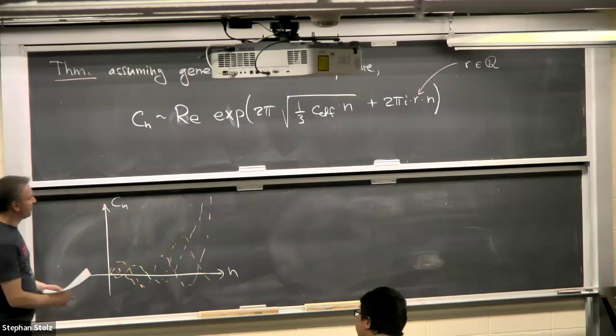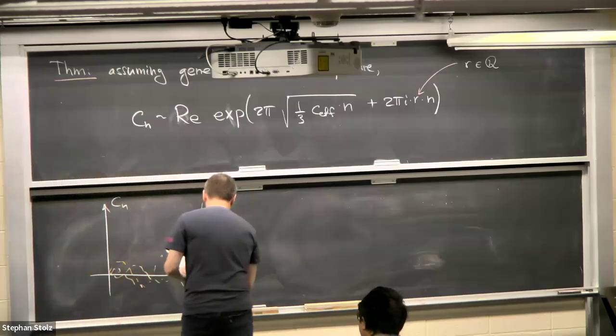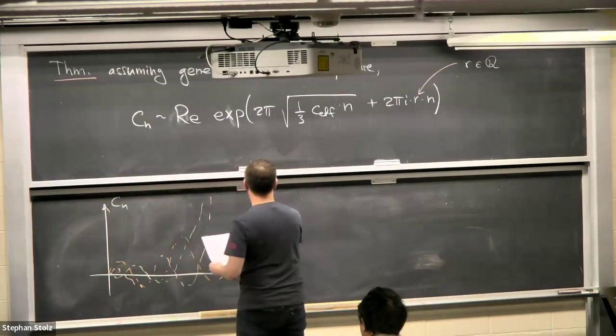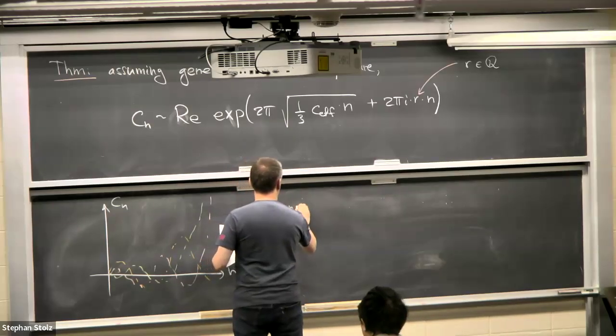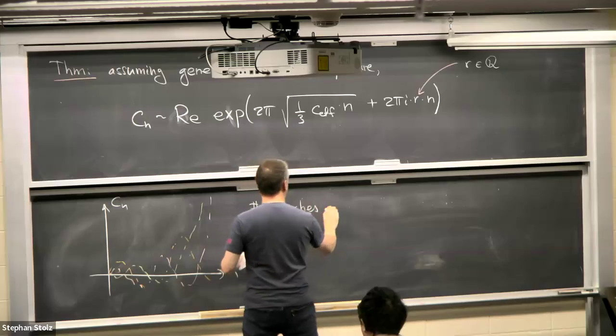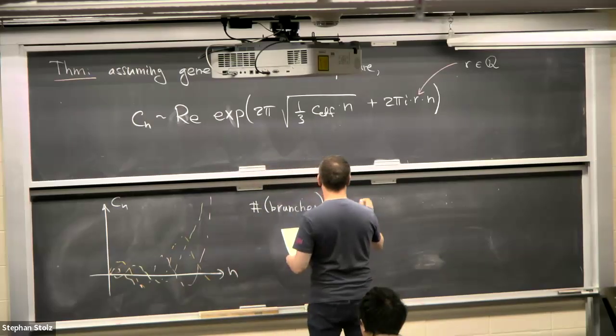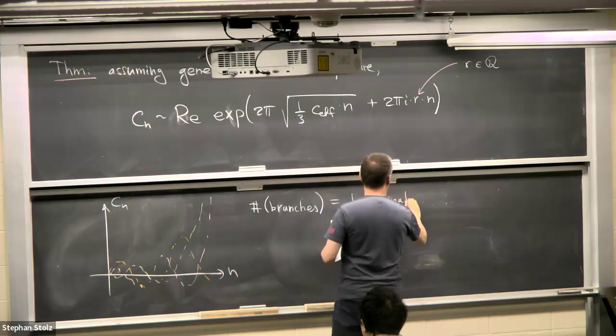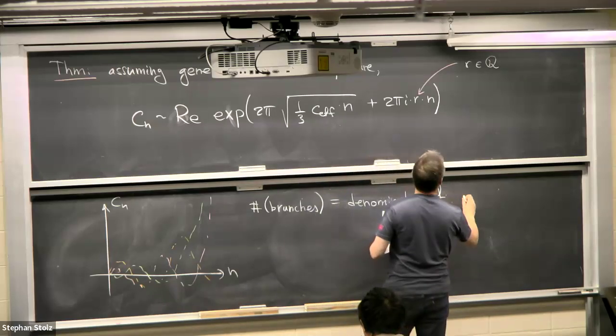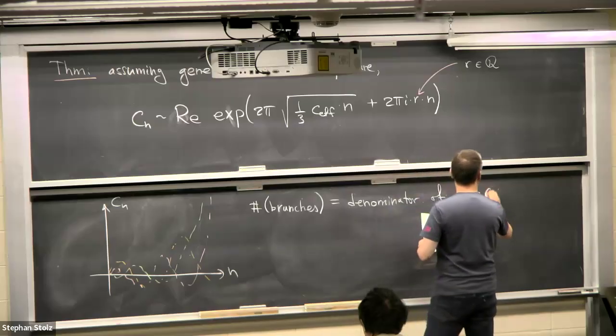And the number of branches in this picture will be equal to the denominator of this R, rational number R.